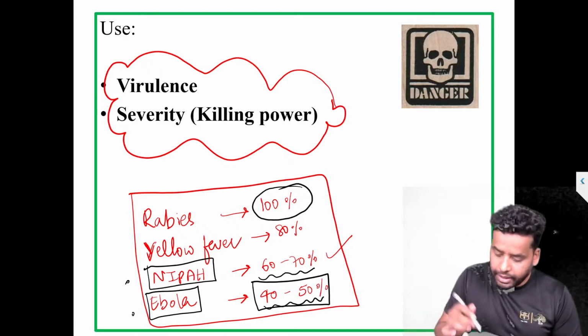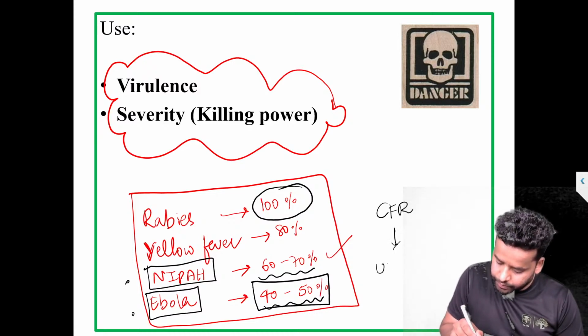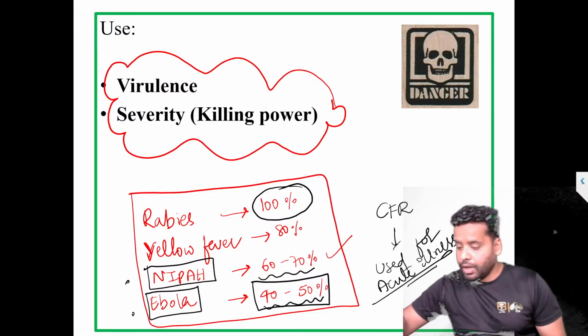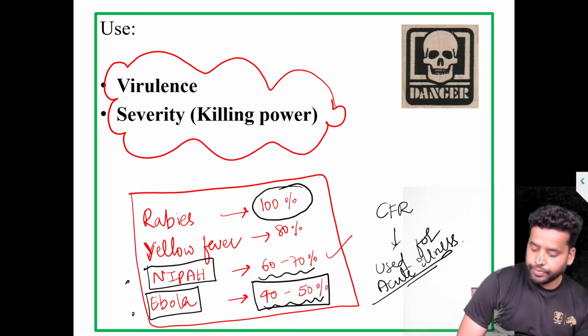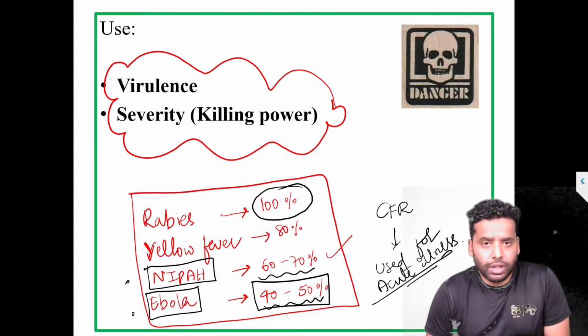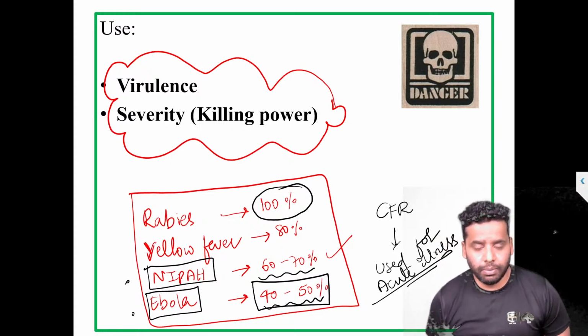Is case fatality rate used for acute illness or chronic illness? Acute, yes, very important. Chronic diseases we don't calculate because it is long standing, and disability will be more rather than the mortality part.